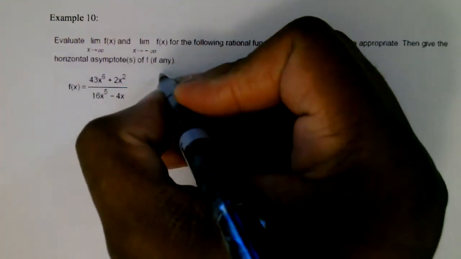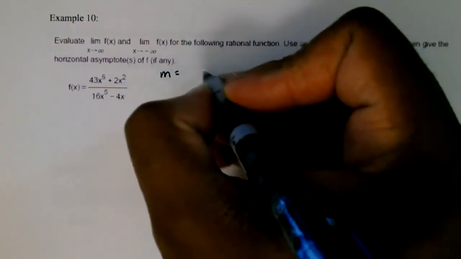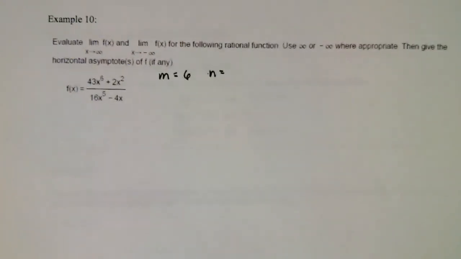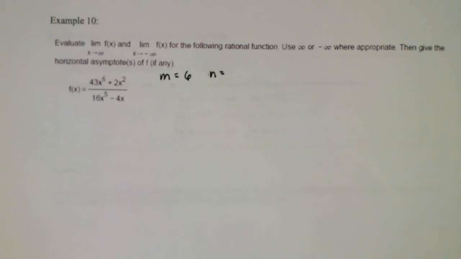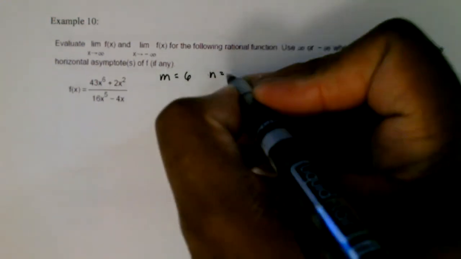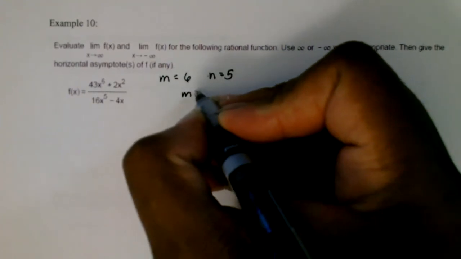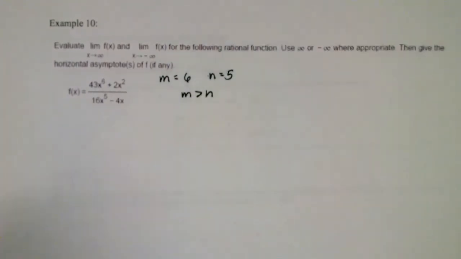Now, I'm going to identify the m and the n. The m is the highest exponent in that numerator, that's 6. The n is the highest exponent in the denominator, that will be 5. Compare m and n. You can see m is greater than n.